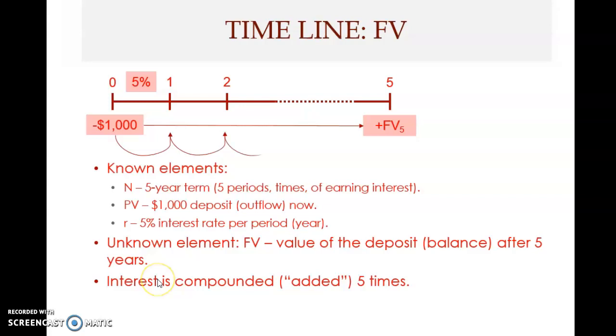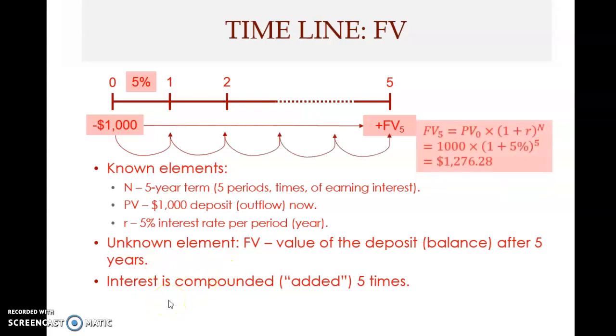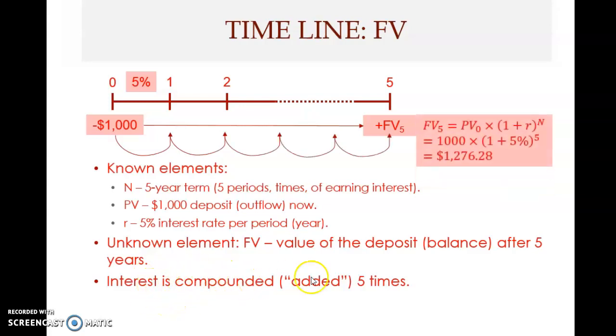Here is another thing that you need to note: interest is compounded, or added. Compounded here means added, in quotation. Compounded means added 5 times. So you can see this. It's added for the first year, then added for the second year, third year, fourth year, and fifth year, 5 times.